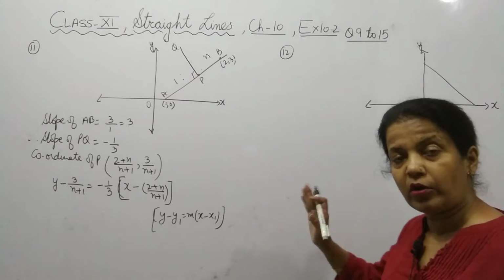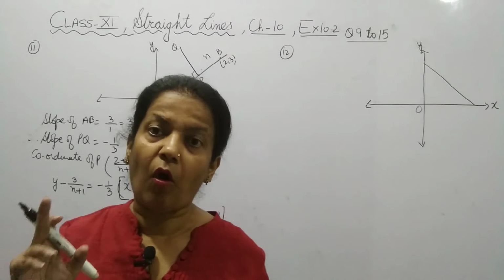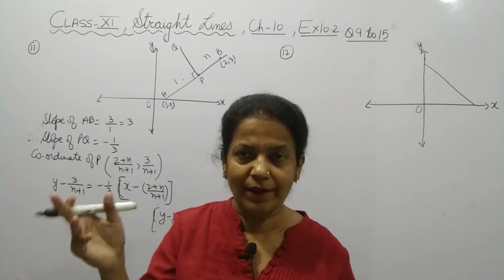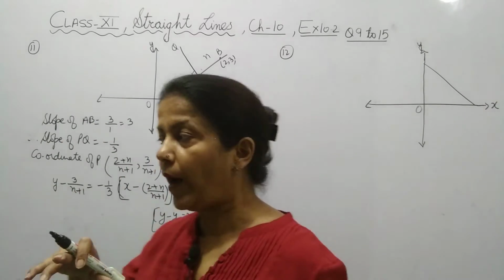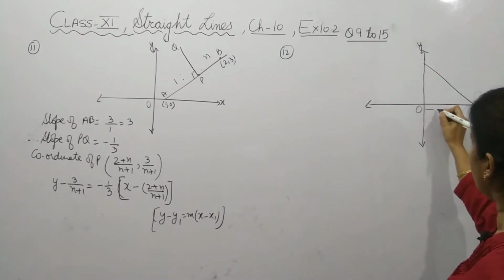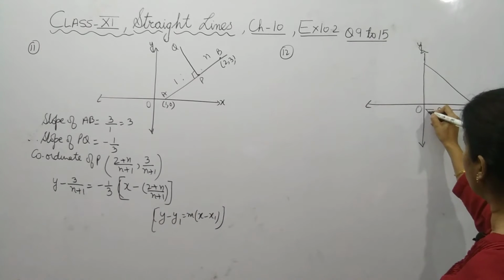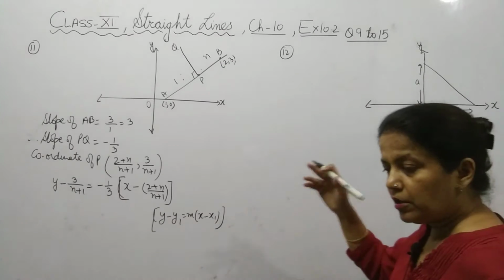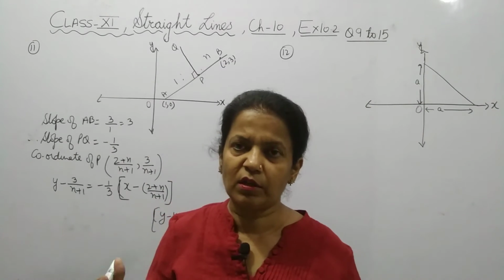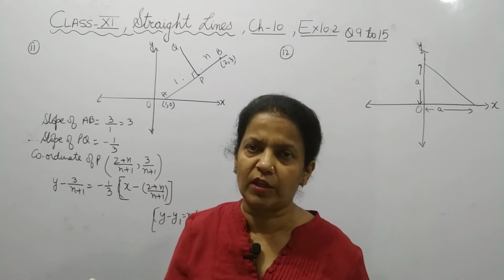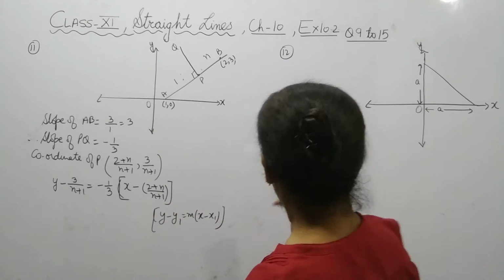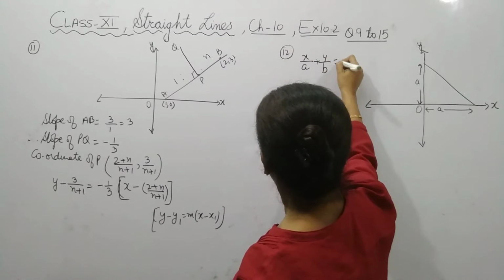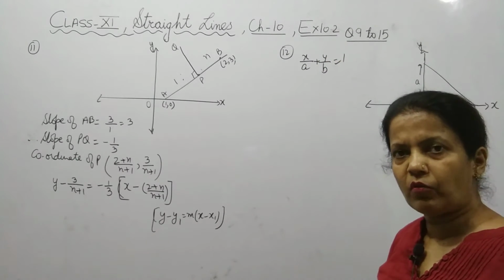Coordinate axes means on the x axis as well as on the y axis, and it is making equal intercepts. Since they are talking about intercepts on both axes, the formula is x upon a plus y upon b equal 1. This formula we will apply.